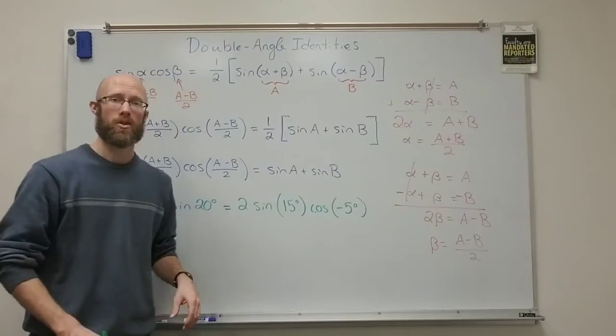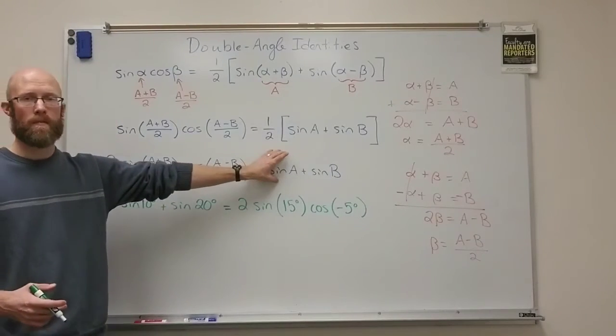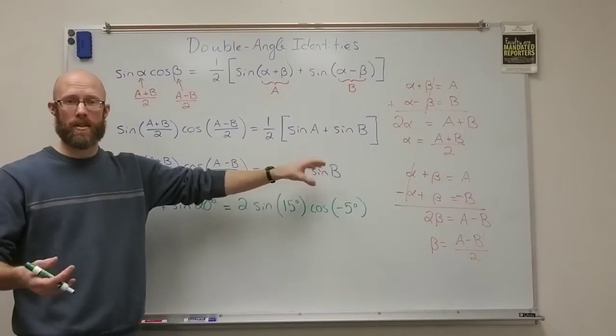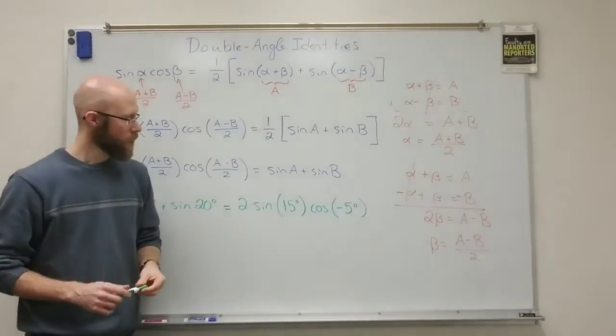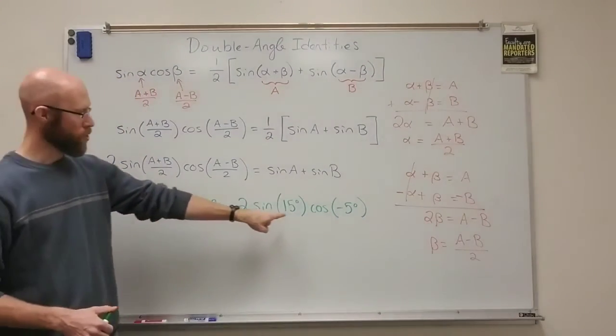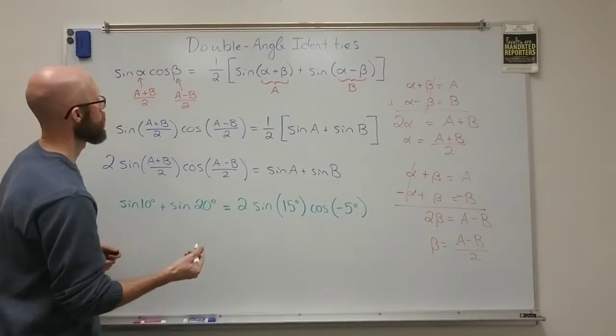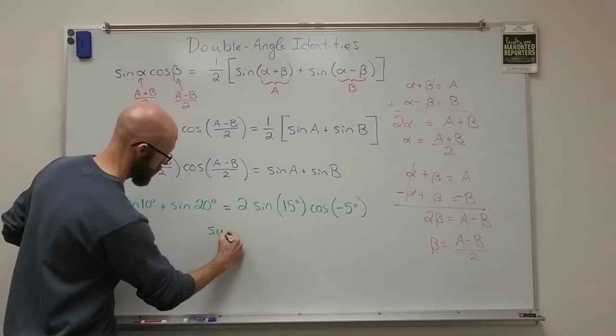So we can establish some nice relationships here. We can also use these formulas to derive more identities. Just some neat ideas. So I can change a sum into a product using this identity. This is a sum to product identity.